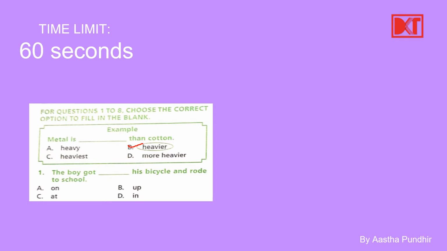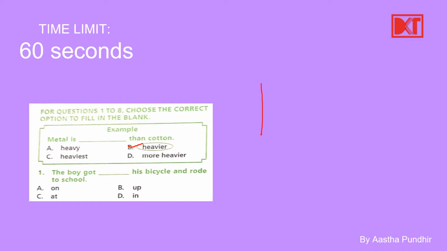Let's see the first question. The boy got dash his cycle and rode to school. The options are: A, the boy got on his bicycle; B, the boy got up his bicycle; C, the boy got at his bicycle; or D, the boy got in his bicycle and rode to school.